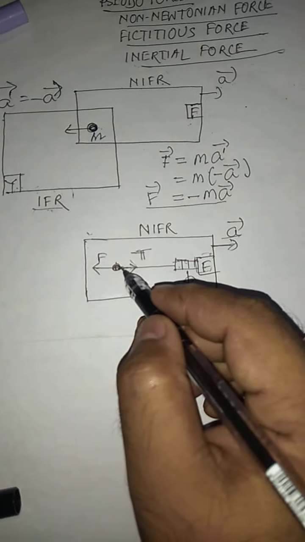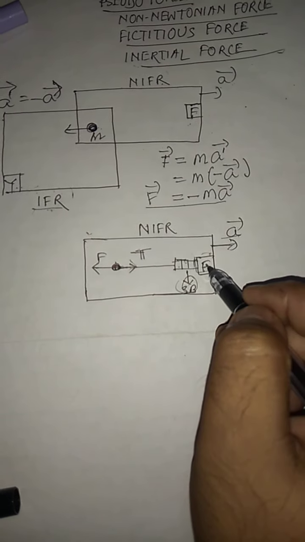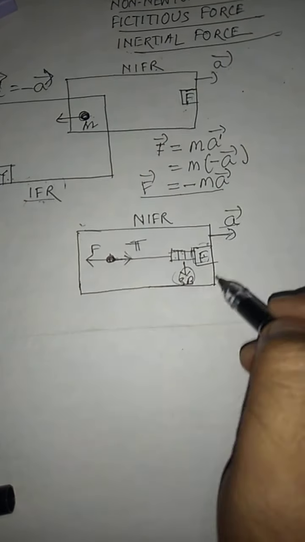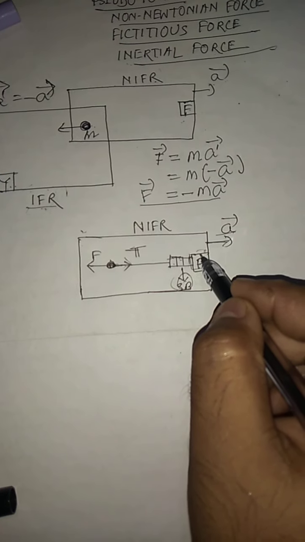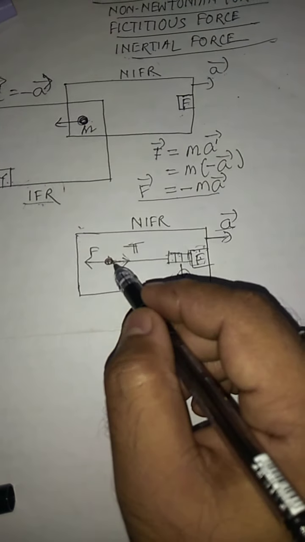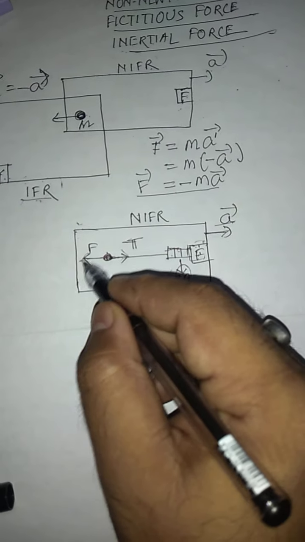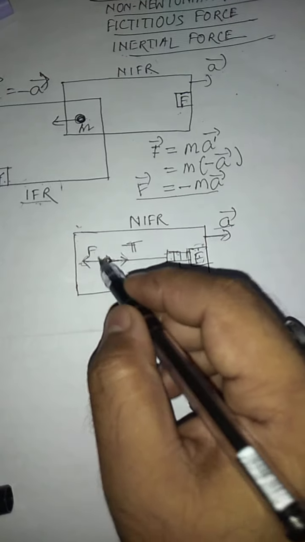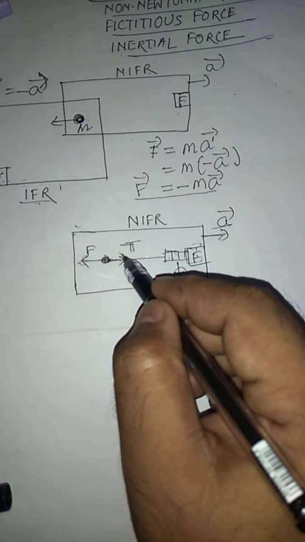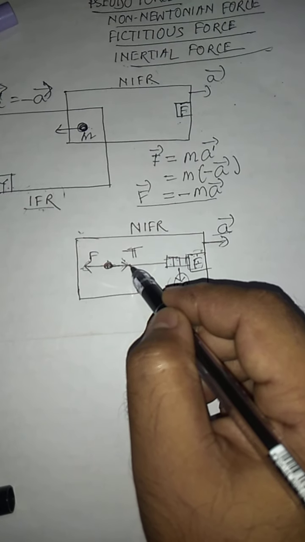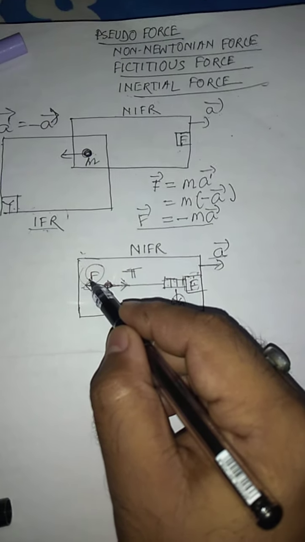Still, this object has no acceleration relative to himself or relative to this non-inertial frame of reference. Then he realizes that there must be some force exerted on this object directed to the left, and this force is equal to the tension in the string in magnitude, and this very force is the pseudo force.